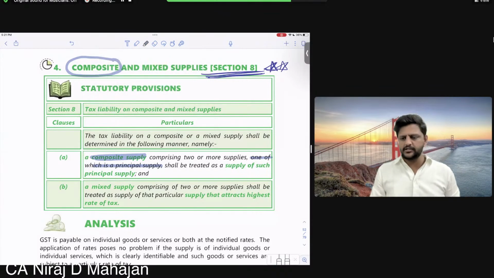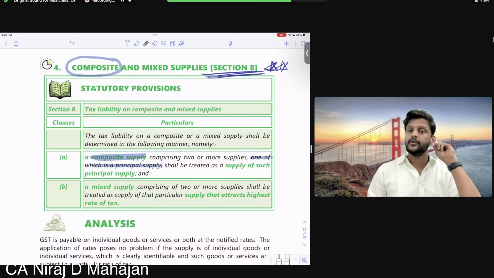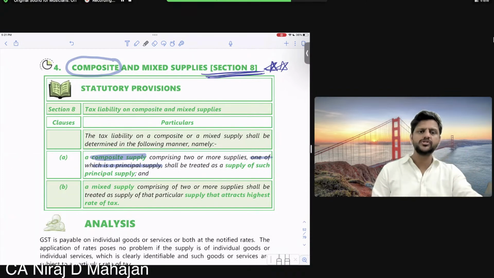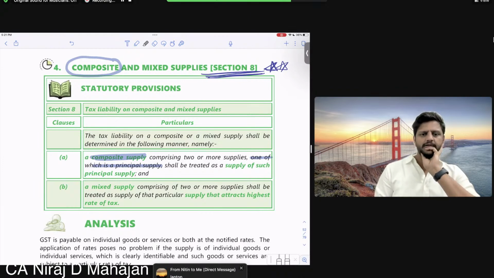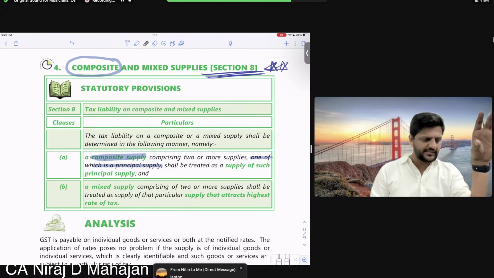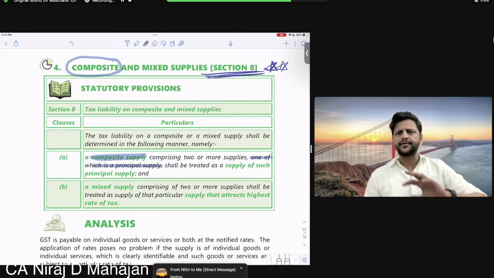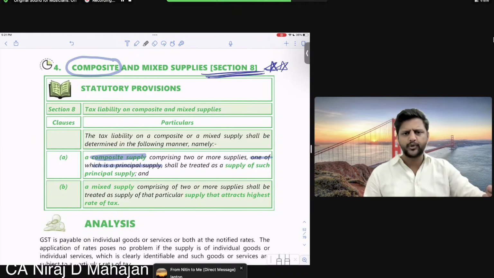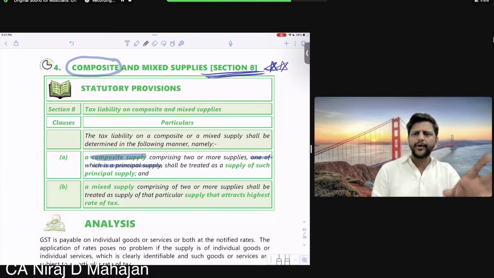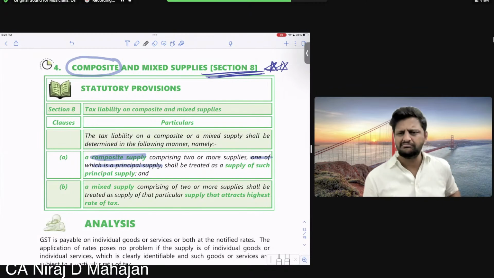In that case, what is the most important, or what is the principal supply? The laptop or the charger? Principal means most important, primary. The laptop is the principal supply. Correct? Then the entire transaction will be treated as supply of laptop, even if with the laptop you are providing a webcam or a mouse, peripherals.